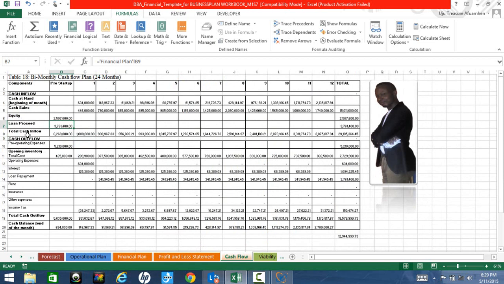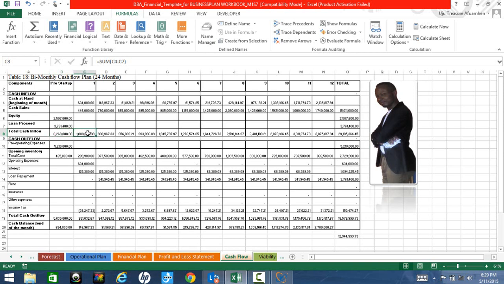Then the next thing we want to look at now is the total cash inflow. Now for the pre-start, the value here is the sum from B4 to B7. Where is our B4? This is B4. Down to B7, this is B7. So our equity, loan proceed, everything put together, we have this. That's the cash that came in, the cash inflow, for the pre-startup state.